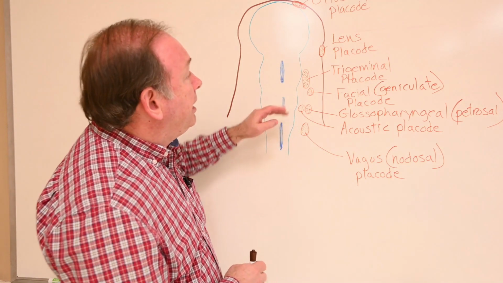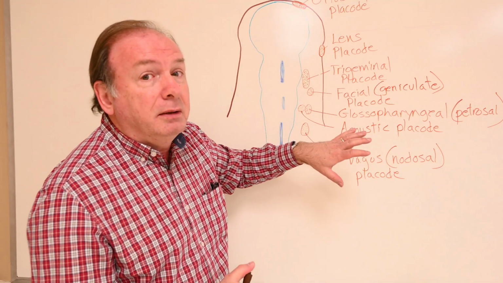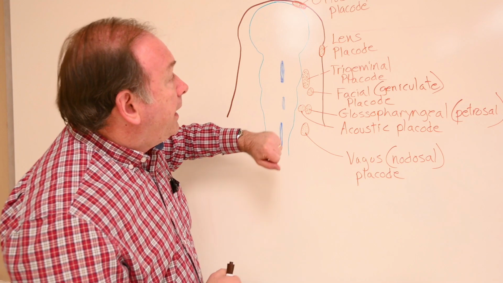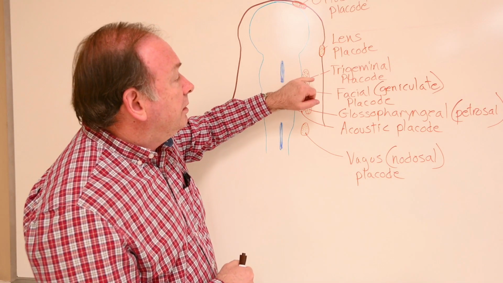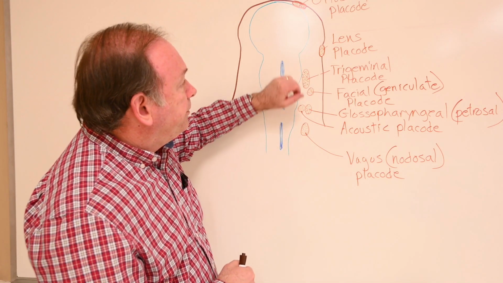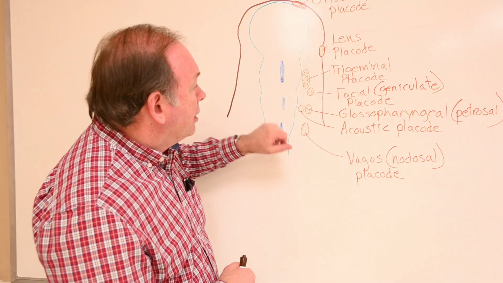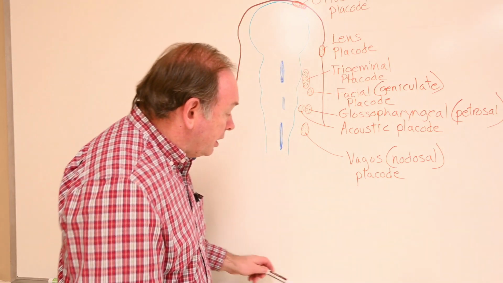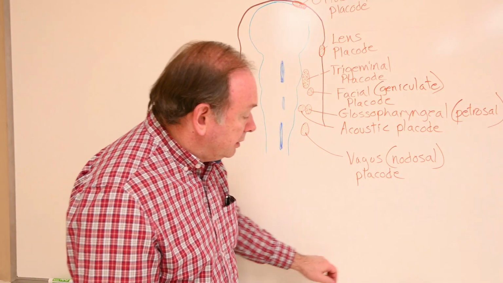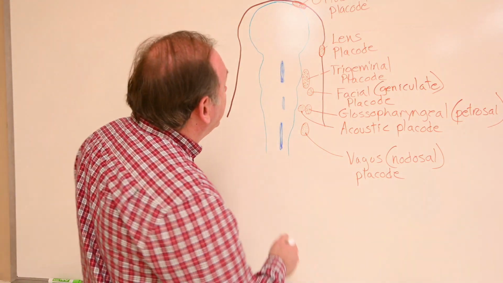So when we talk about any of these cranial ganglia, they can be either a single structure derived from a single placode, like the acoustic here, or there may be a combination of elements forming the placode.